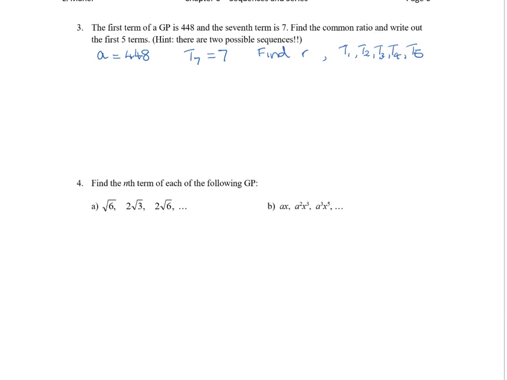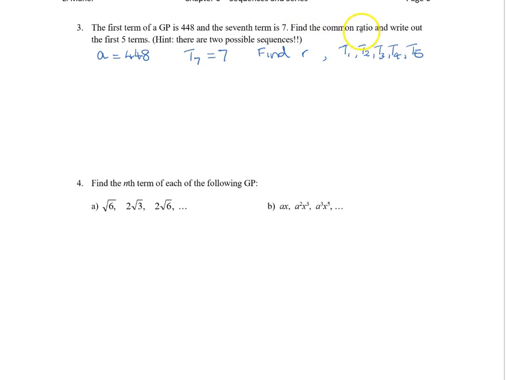In this next example, you can see that it says the first term of a GP is 448. When I read that much, I note that down and pull it out of the words and make it obvious and sitting out here looking more mathematical than a sentence. The seventh term is 7, or T7 equals 7 is how I translate those words and make it look more mathematical.